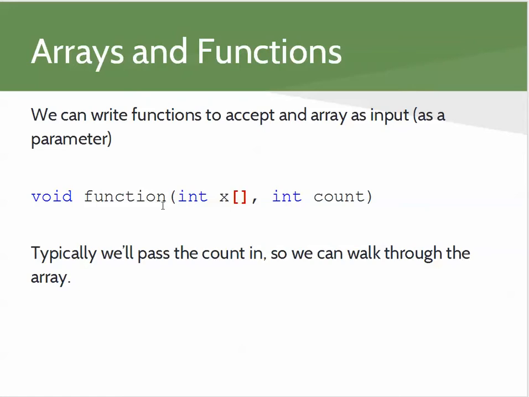For if you hand a function an array of values, it really won't be able to work with that array unless it knows exactly how many things are in it. So whenever we write a function that accepts an array, there are virtually no circumstances where we would not also pass the count of variables in that array.